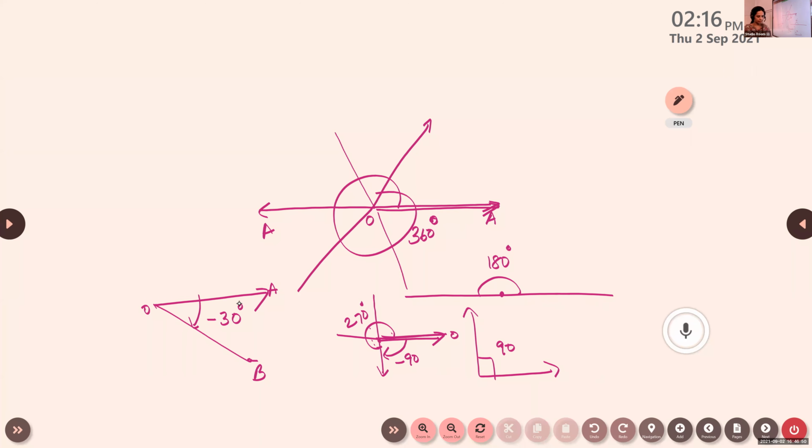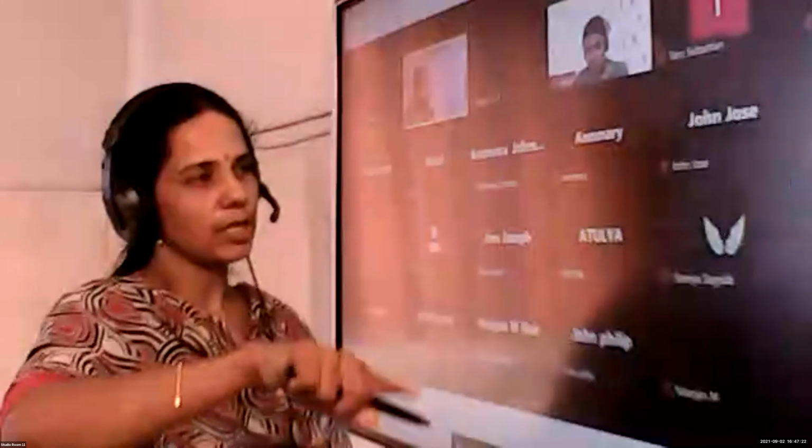If the rotation from the initial side to the terminal side is 360 degrees, that means it completes one full rotation.